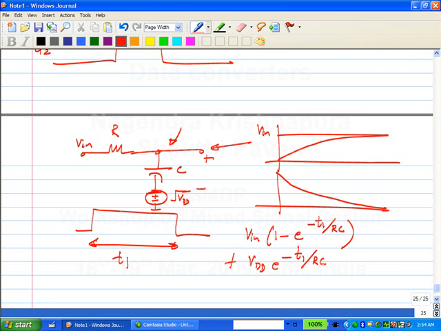Ideally it should be 0, because you don't care about the last sample, that's done. You need to quickly charge C to the new input. But this is telling you that if RC is large, there is a lot of inertia in charging to the new input as well as forgetting about the old input.